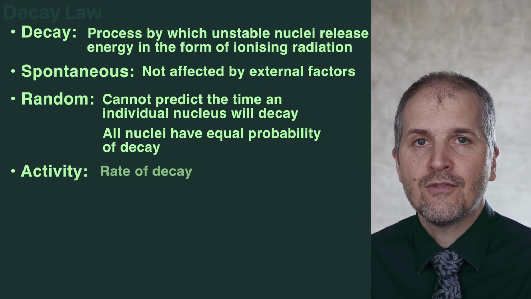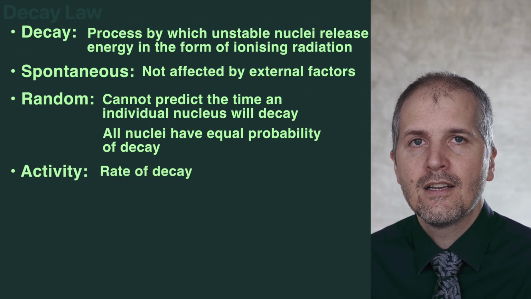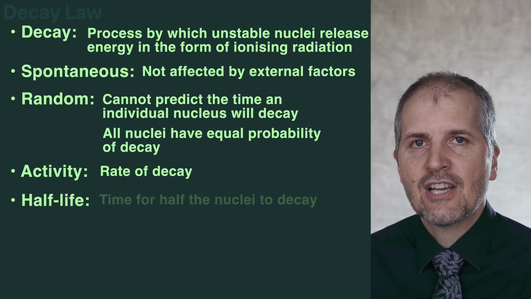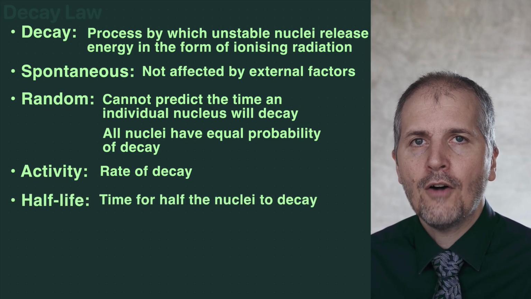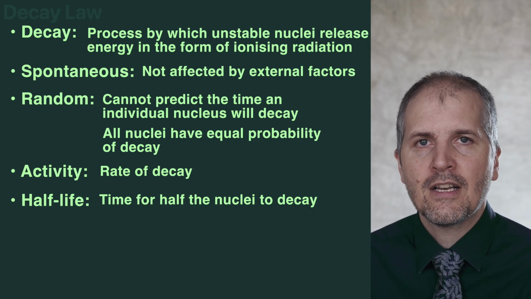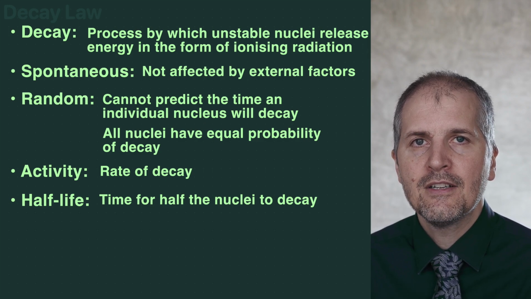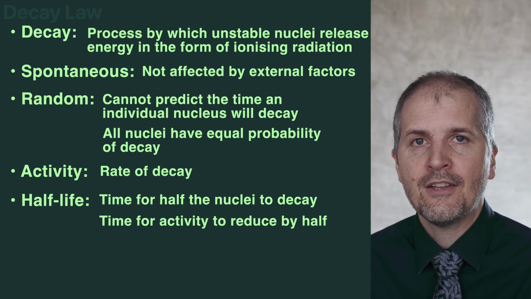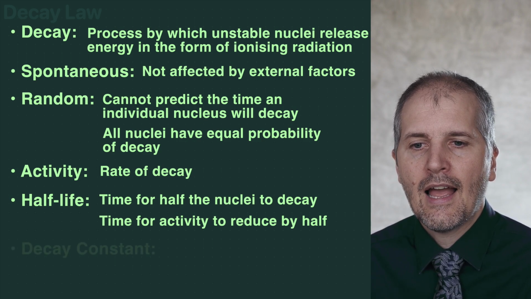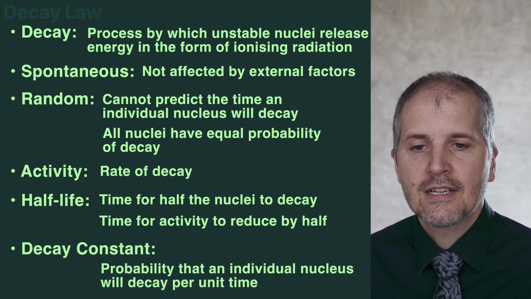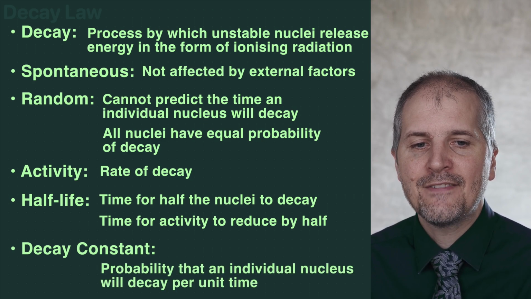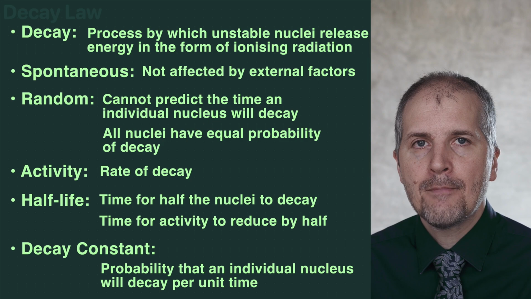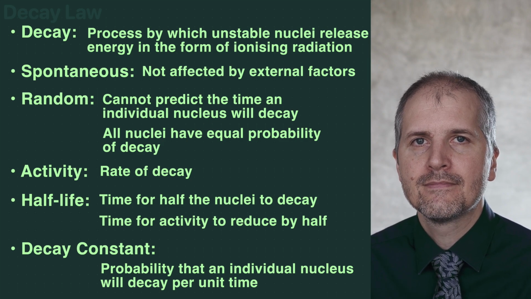Activity is the rate of decay. Half-life is the time taken for half of the radioactive nuclei to decay, or the time for the activity to reduce to half of its original value. And the decay constant is the probability that an individual nucleus will decay per unit time.